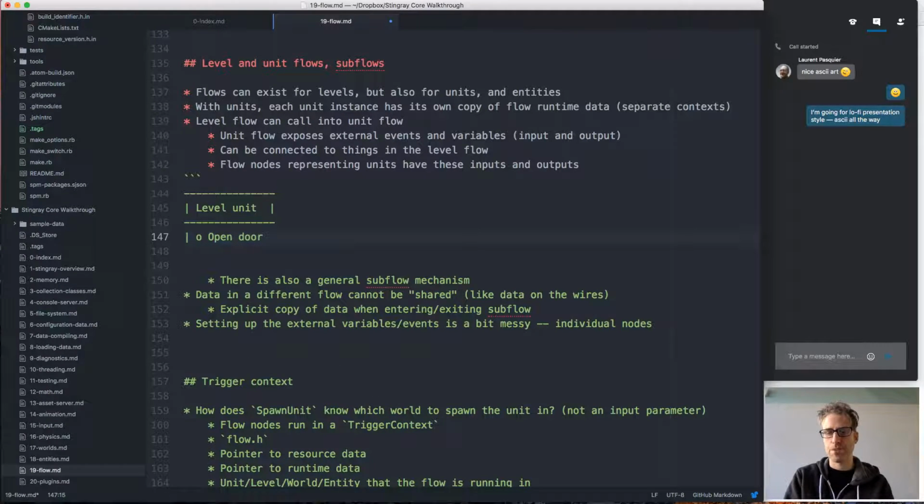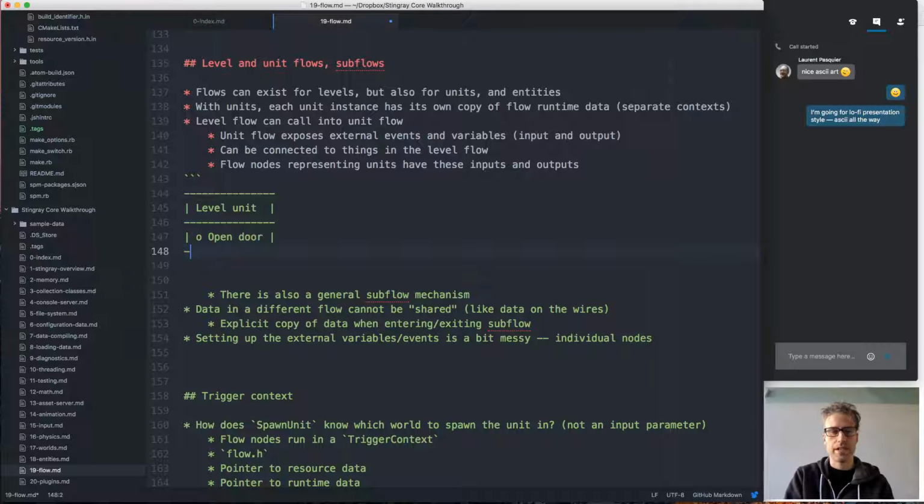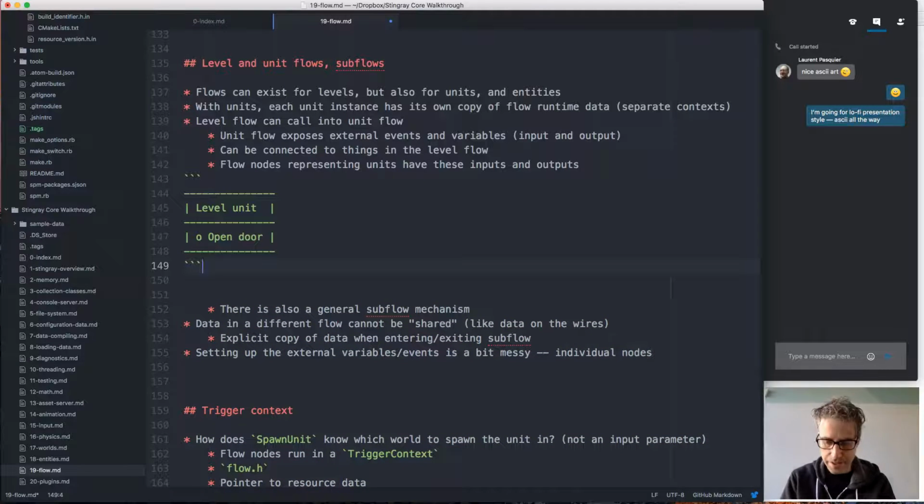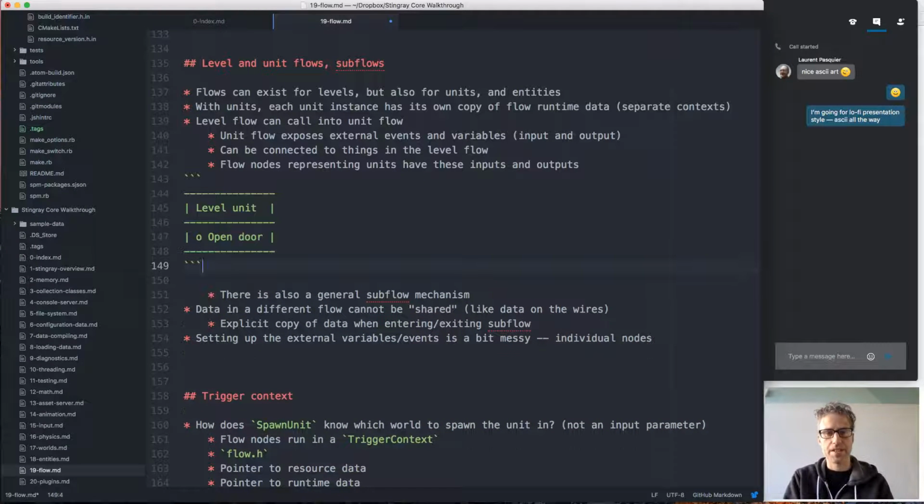So it might be called open door, for instance. And it would have other stuff here too, like the unit reference and so on, but I just don't want to type too much. But it would be something like this. So then you could connect other events in the level to this specifically defined open door event.